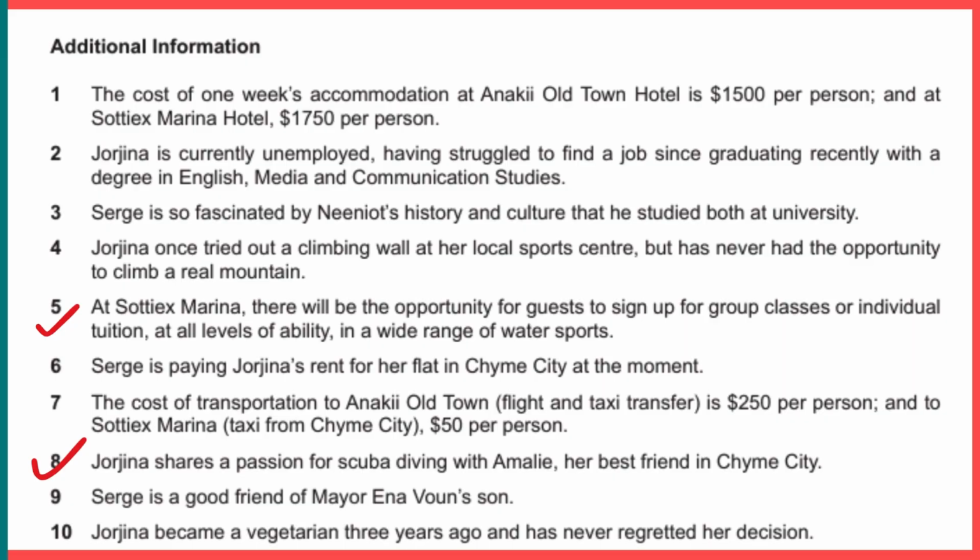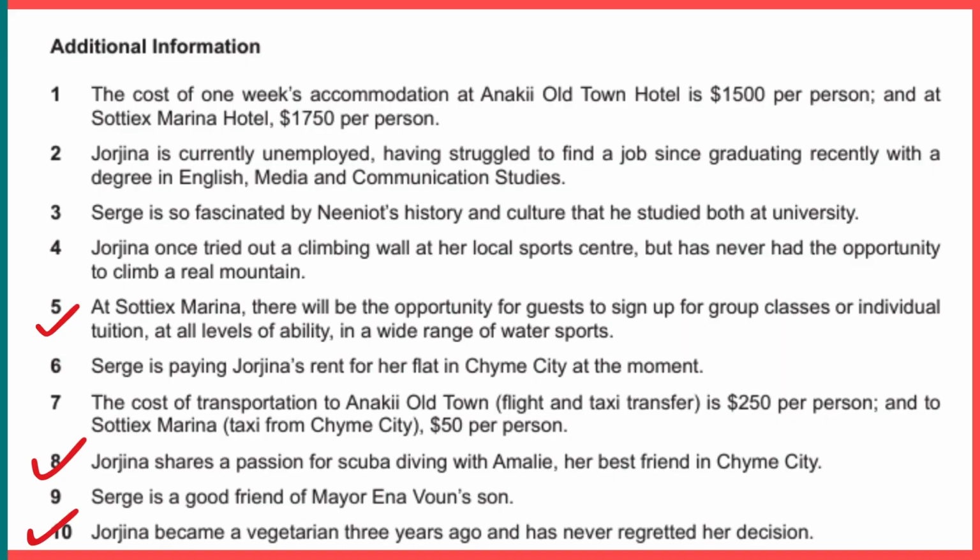It has nothing to do with Sortex Marina. AI7 says the cost of transportation to Anaka Old Town. It has nothing to do with Sortex Marina. AI8 says Georgina shares a passion for scuba diving with Emily, her best friend in Chime City. Yes, it has some relevance. It is a point that can be related to Sortex Marina water sports activities. So point 8 is the relevant point here.